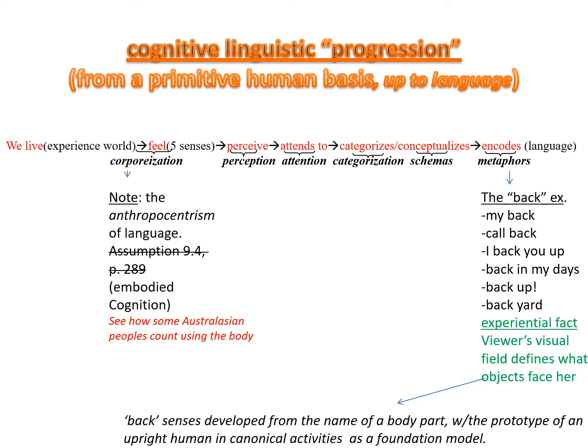But in any case, we begin by experiencing things, seeing things, perceiving things, paying attention to some, creating concepts, categorizing those concepts. If they are important for our lives, then we lexicalize, we give it a name, a word, a morpheme in the language.